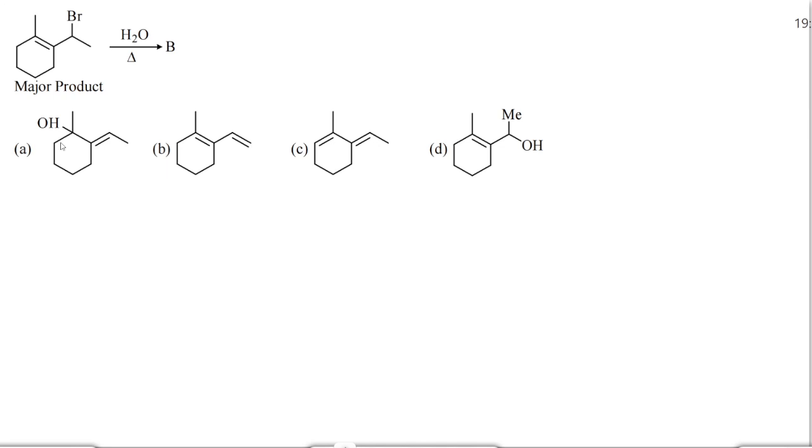Yes, tell me, what is the product formed? So just look at this. Option C, sir. Why not B? B has fewer alpha hydrogens, sir.